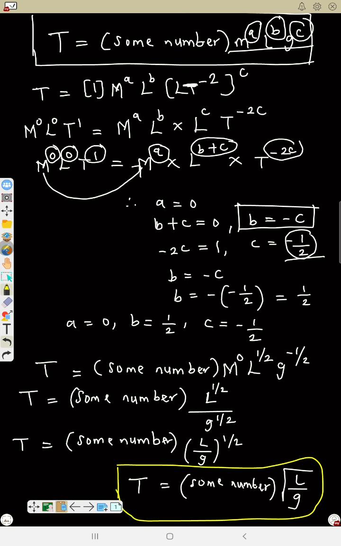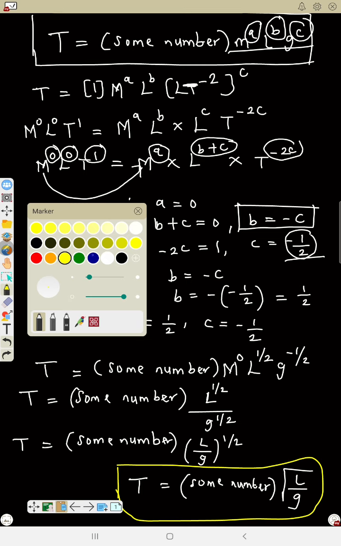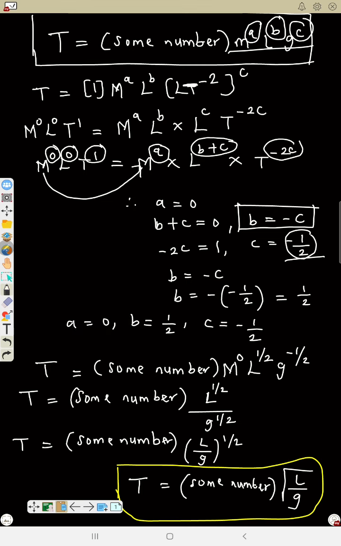That means we have used dimensions to derive roughly the formula of the period of a simple pendulum. Now if you look at our final answer, the quantity that I represent as some number here can be found experimentally.